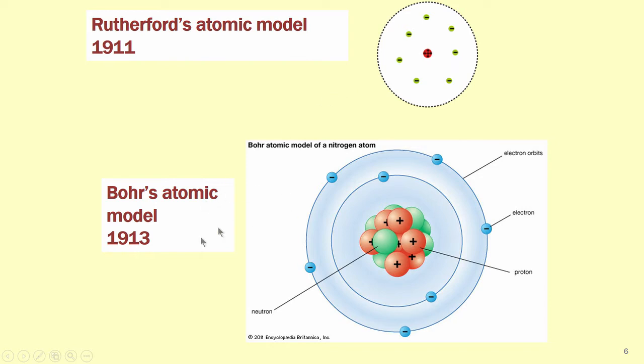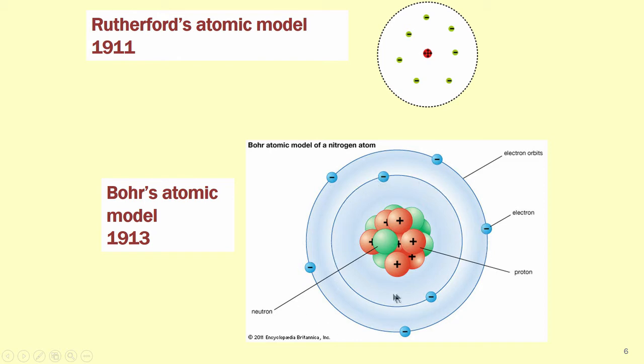Now, then came Bohr's model somewhere around 1913, and what he said is there are protons described here with positive charge, and there are neutrons described here, shown in green color without any charge, and that is the heaviest part of the atom. It is at the center of the atomic structure, and around it there are electrons, described by these blue balls, that carry negative charge.